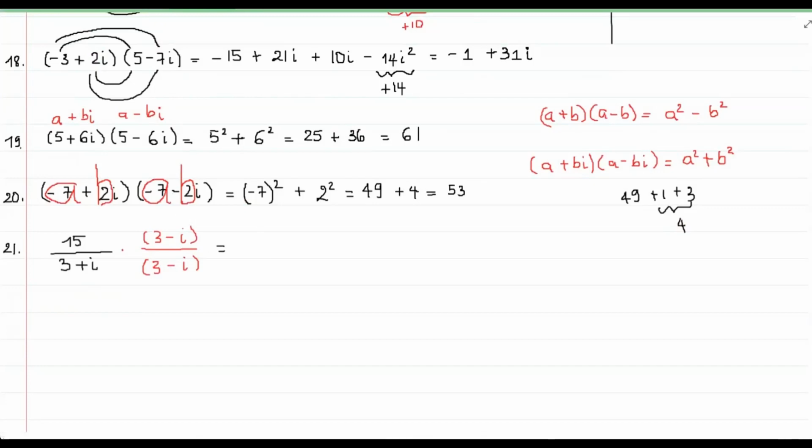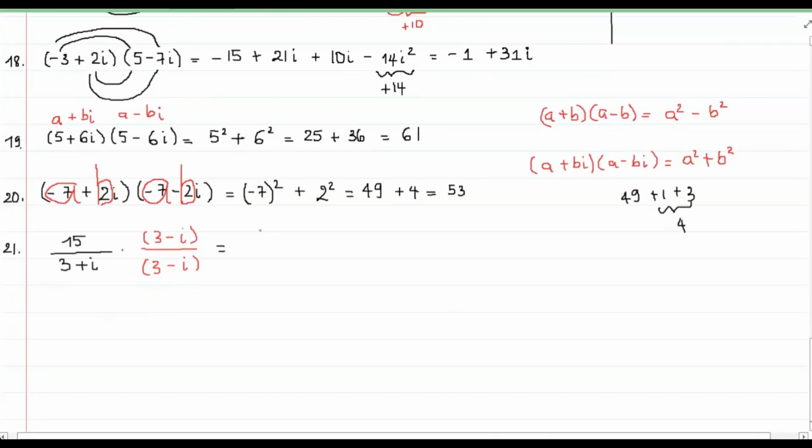You will notice how we get the expression 3 minus i, because we have 3 plus i at the bottom and we don't want to see i in the denominator. When you multiply by the conjugate, it becomes an i squared term in the denominator, and i squared is negative 1.